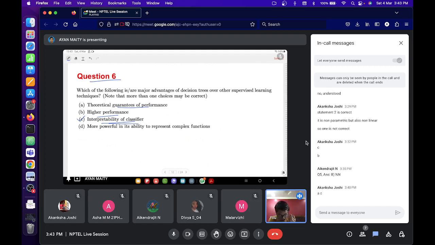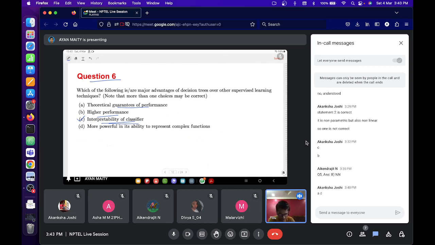And option D, more powerful in its ability to represent complex functions, is not right. Neural networks can model any complex function given very deep networks or more nodes. It can mimic any complex function, so it is much more powerful than decision trees in that regard.